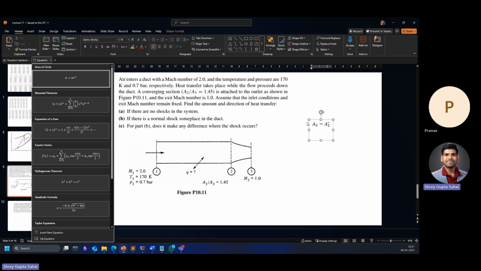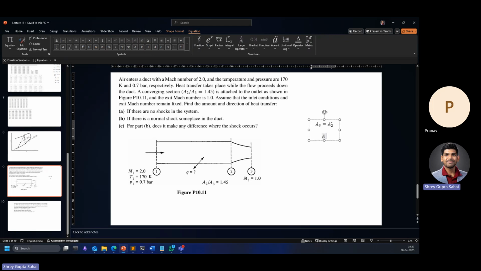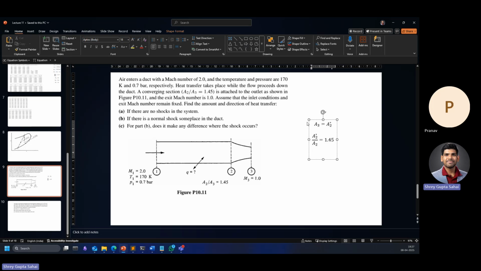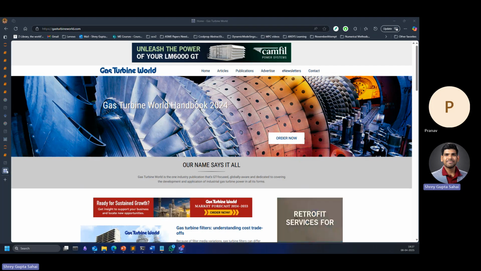So 2 is characterized by the area ratio. So let's use this area ratio to find out the Mach number at the exit of the duct.